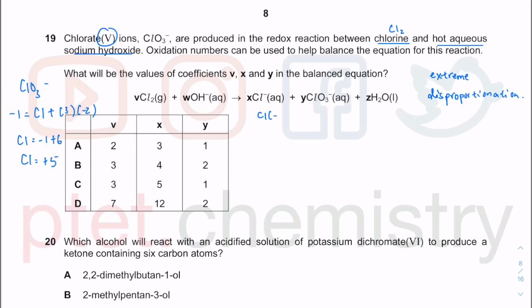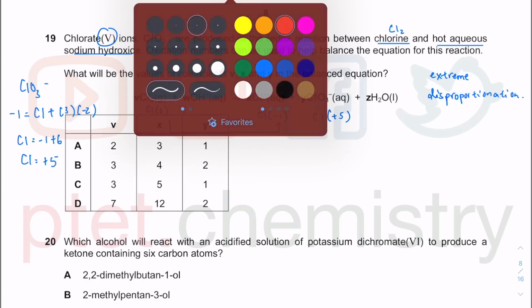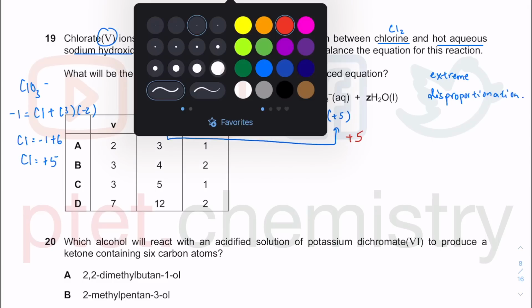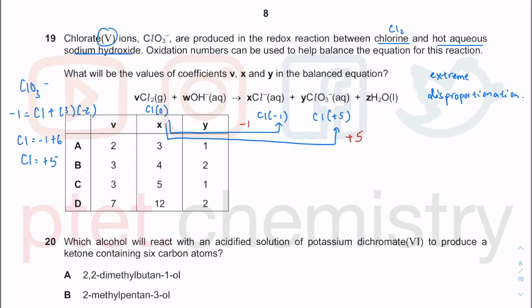What we have here are changes in oxidation number. We can use changes in oxidation number to balance redox equations, as stated in the redox topic. 0 to minus 1 is a decrease of 1. So there's minus 1 there. And then 0 all the way to plus 5 is an increase of 5 in oxidation number. In terms of redox, we're going to multiply these so that the changes in oxidation number are equal and balanced.